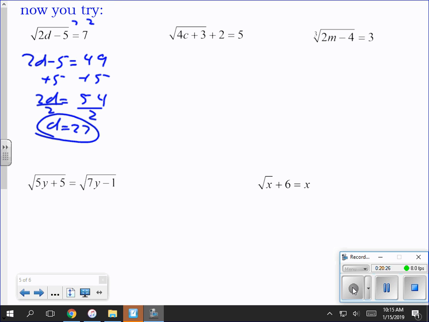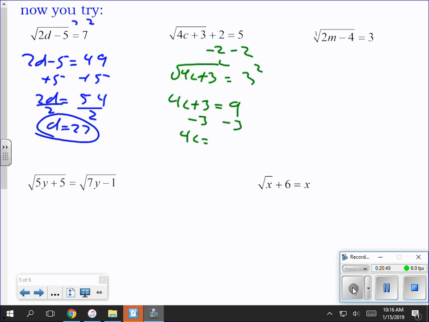Next one, my first step is to subtract 2 from both sides. So I get the square root of 4c plus 3 equals 3. Then I square both sides. And I get 4c plus 3 equals 9. Subtract 3. 4c equals 6.